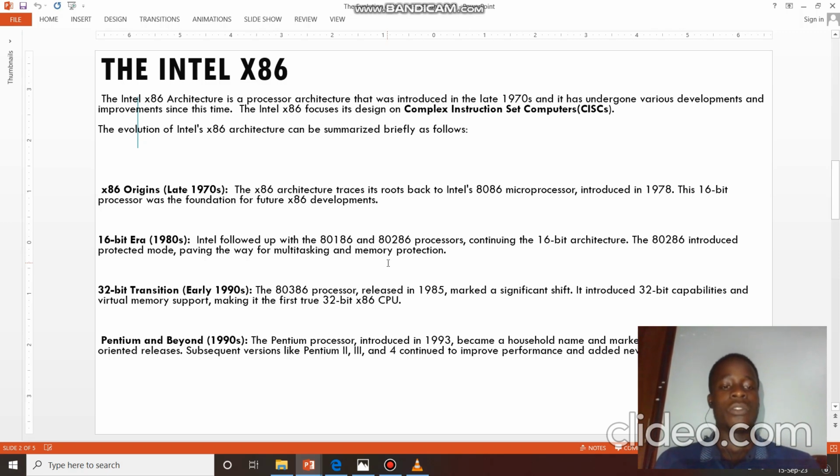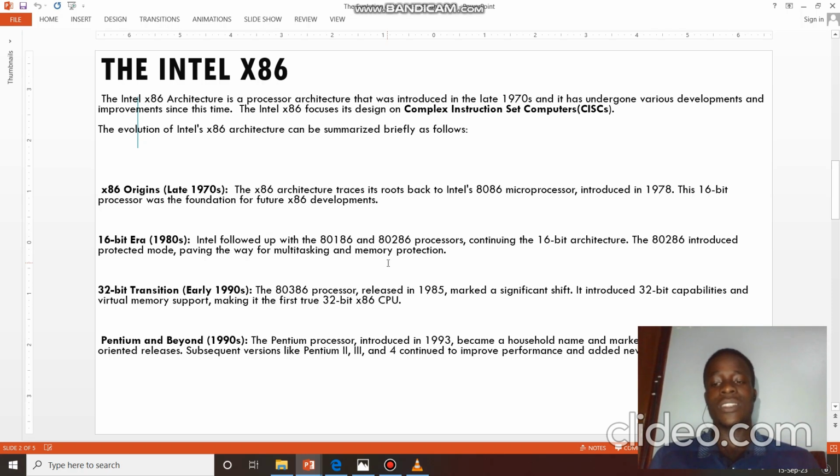The evolution of the Intel x86 architecture can be summarized briefly as follows. In the late 1970s, there was the introduction of the x86 architecture, which is the Intel 8086 microprocessor.